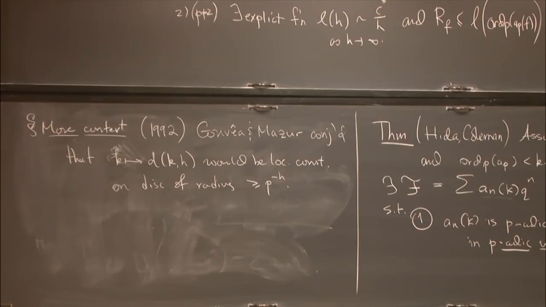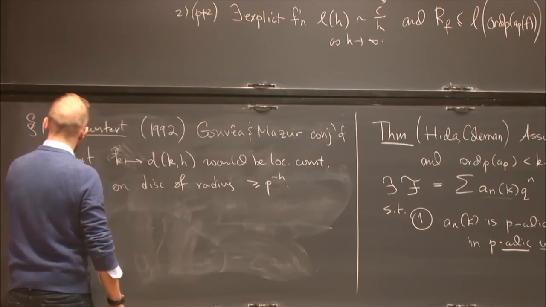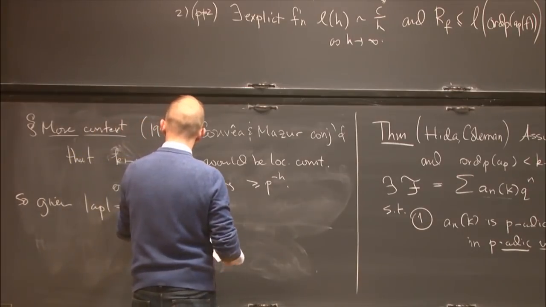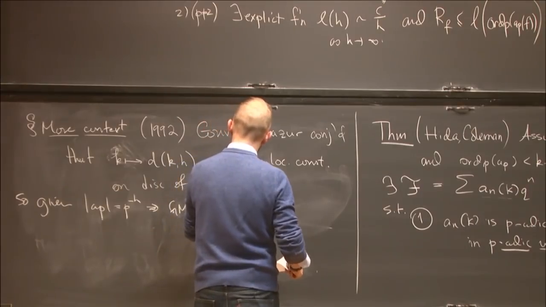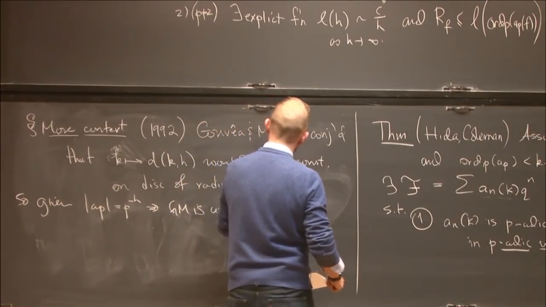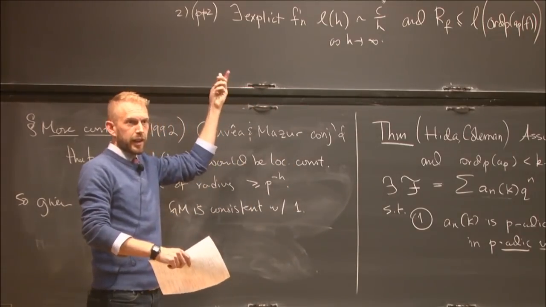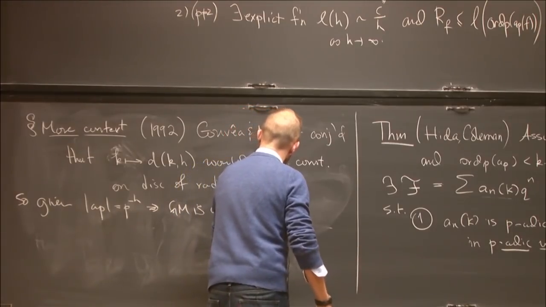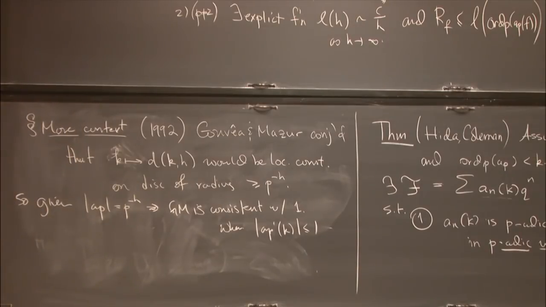Now, given that the norm of a_p is p^-h, the Gouvea-Mazur conjecture is sort of consistent with the first bound, as long as that derivative has norm less than or equal to 1. So I wanted to mention that.